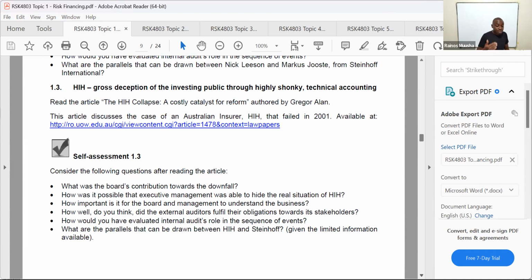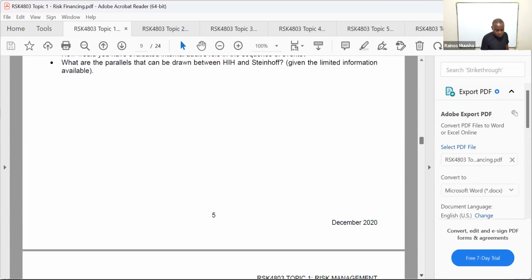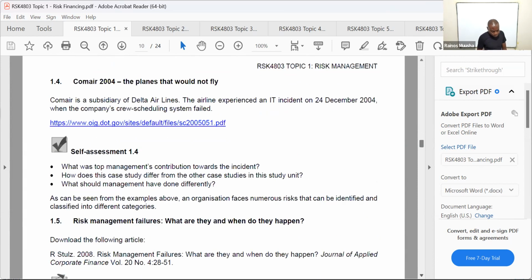What really led to the failure of that particular insurance company, and how the board and also the management contributed towards the failure of this insurance company. So you can go through it from an application perspective, but not necessarily from a perspective where you're trying to prepare for your exams.